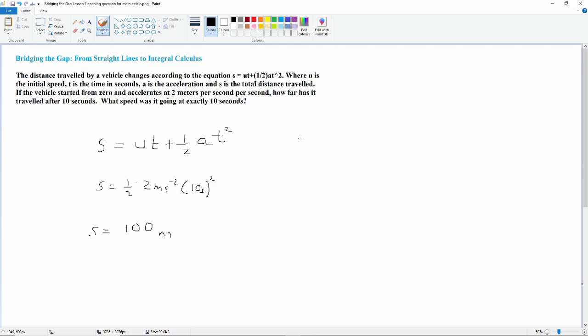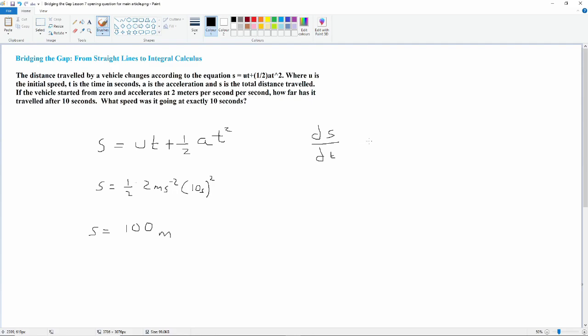And the instantaneous speed at any given moment would be the rate of change of distance with respect to time. That is to say, the derivative of the variable s with respect to time, or ds by dt.